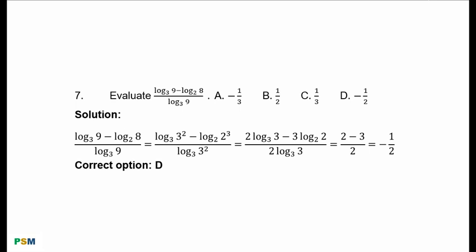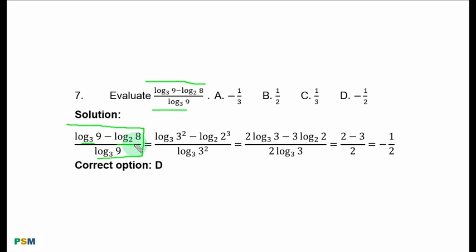Question 7. Evaluate log 9 base 3 minus log 8 base 2 over log 9 base 3. Solution. You have the given expression. You cannot simplify the numerator using the law of subtraction or quotient because the bases are different.